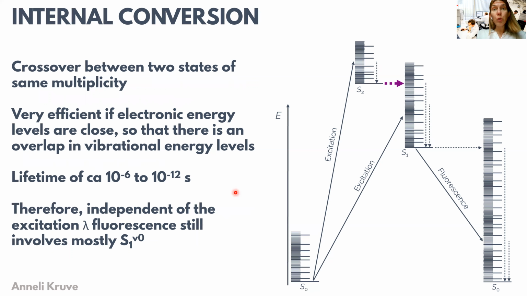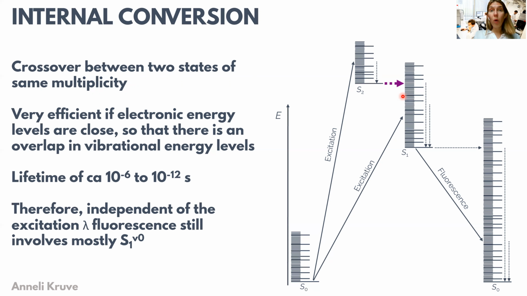However, in addition to the vibrational relaxation, there are also other processes that can happen. So one of the important ones is also internal conversion. This means that if we have multiple electronic excitation states, so for example S2 and S1 here, then it is possible that the molecule goes from the S2 state over to the S1 state.